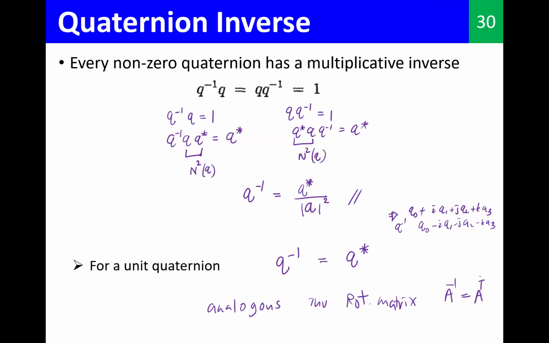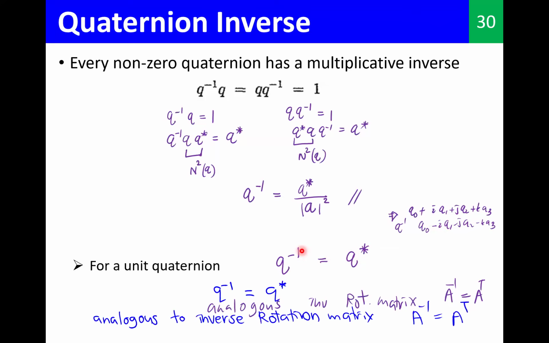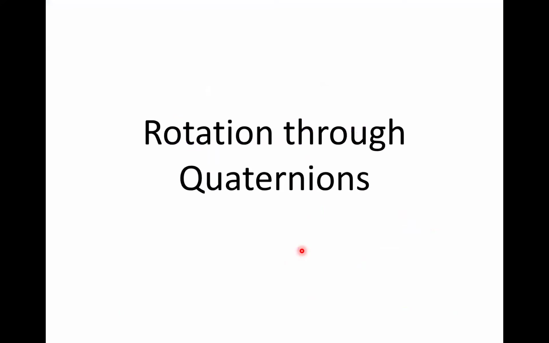So this is a special property of rotation matrix. So when it comes to quaternions, it's even further simplified, right? You just take the conjugate of that operator. Okay, right. So it's about the quaternion algebra.